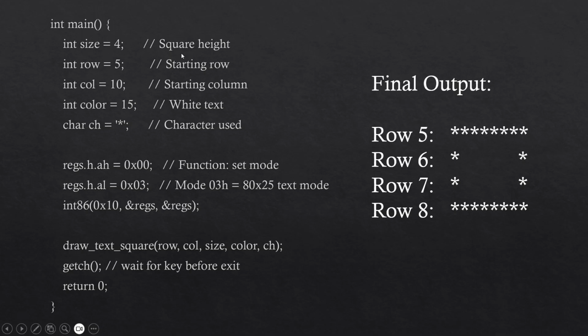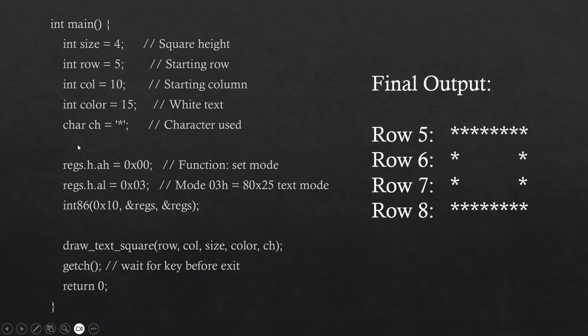We are keeping the size as 4, row 5, column 10 and color 15. The character we are taking is asterisk, and color 15 means we want to use white color. Here we are setting the function mode 0, that is we want to set the display to the video mode, and that is text mode 03h. int86 calls the interrupt, passing these register values and storing back there.